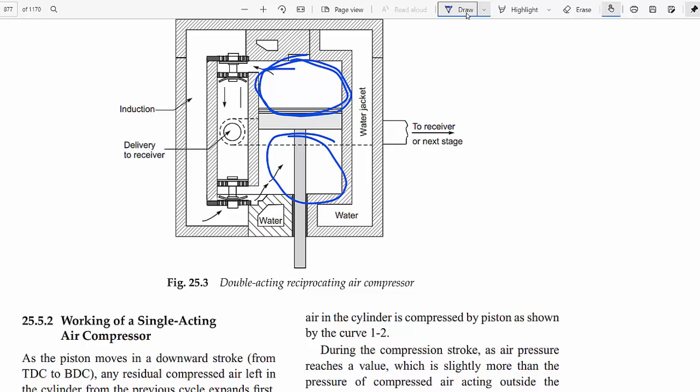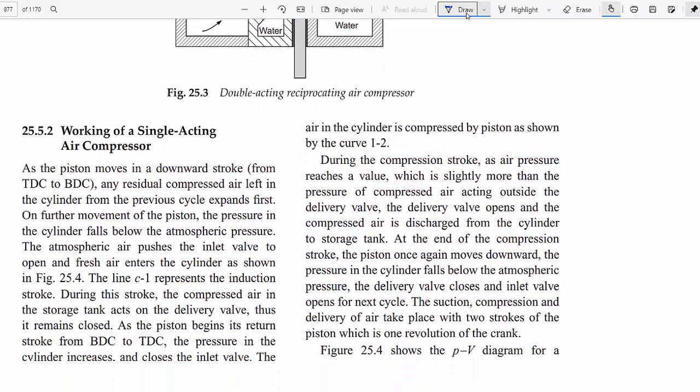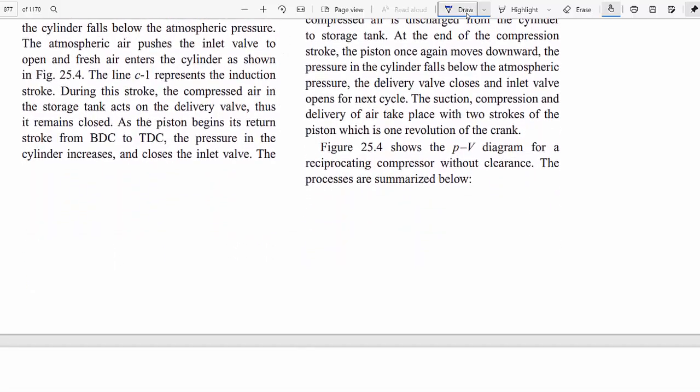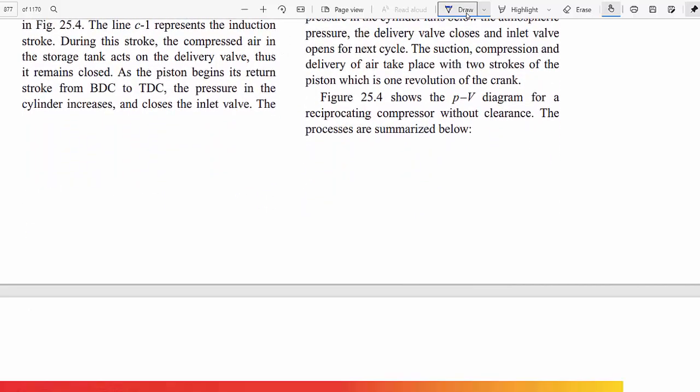Both bottom and top produce compressed air. This is the other type, the double acting reciprocating compressor. The working of single acting and double acting reciprocating compressors is given in detail in the book. You can refer to the book to know the exact operating principle.